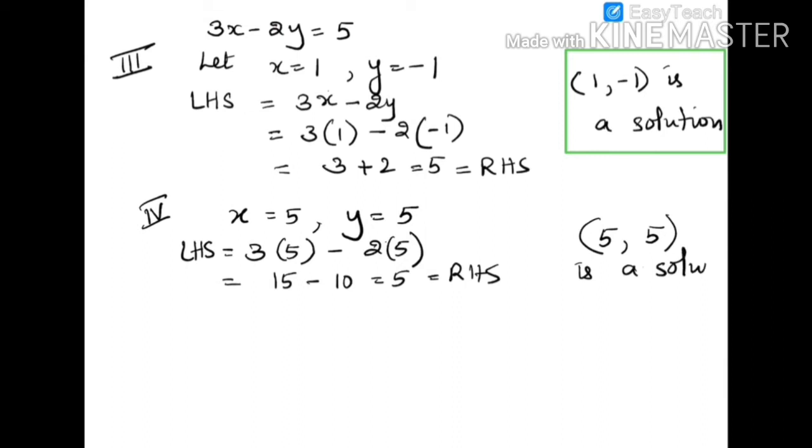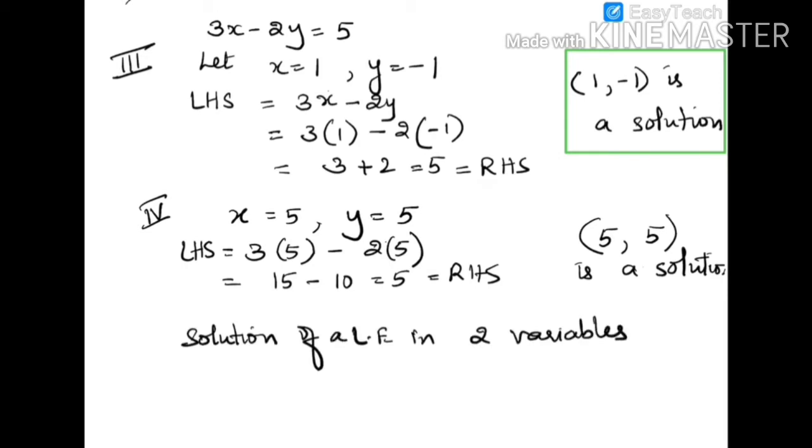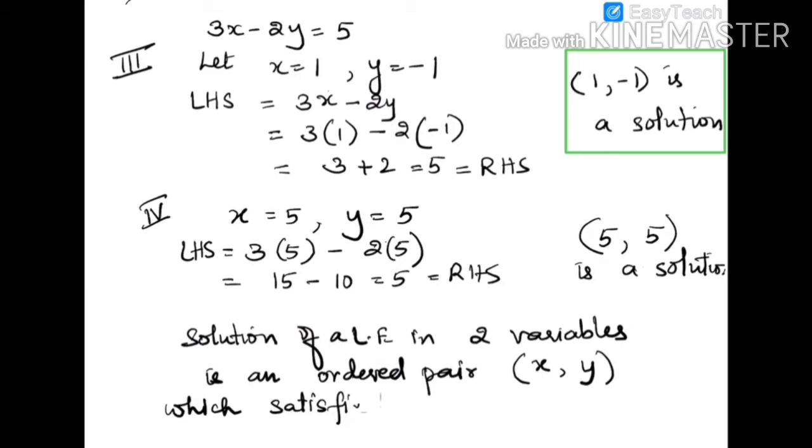So like this we can keep finding more solutions to this equation. So we can conclude that solution of a linear equation in 2 variables is an ordered pair given by x comma y, which satisfies the given equation.